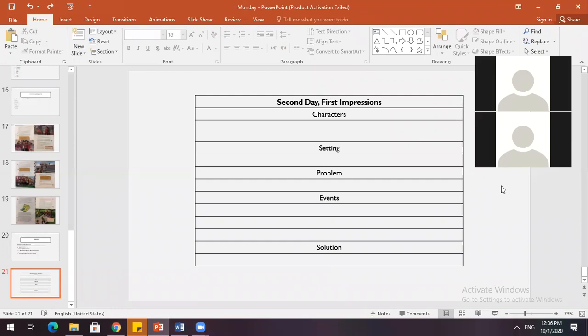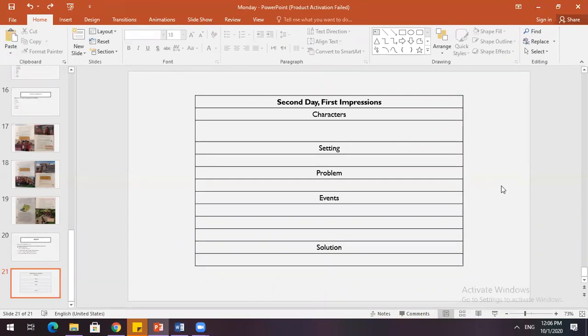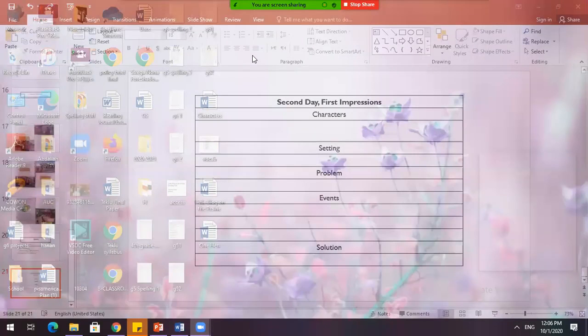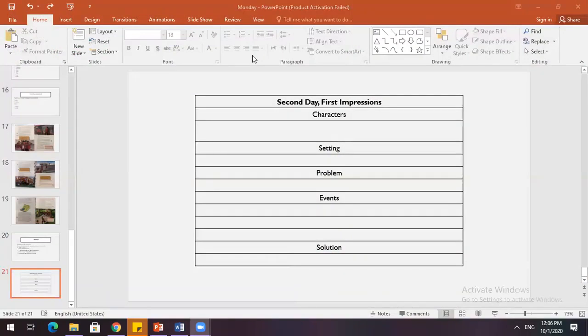Who can tell me who the characters were in the story? Raise your hand, guys. Miss, do we write this in our notebook? Yes, write this in your notebook. You can write it as points if that's easier.